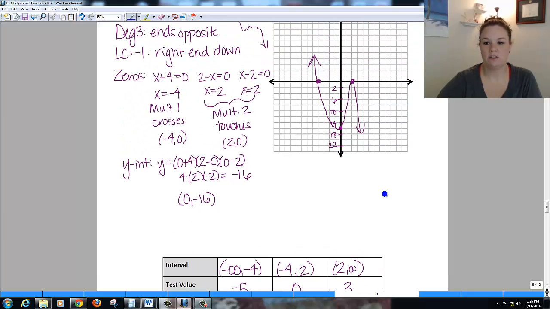So when I go up here to draw this, okay, notice I'm starting up here positive, it crosses at negative 4, and then I go down into negative territory, hit my y-intercept. When I come up to 2, remember it only touches, so I'm going back down negative in that direction. Okay, so that's the first one.